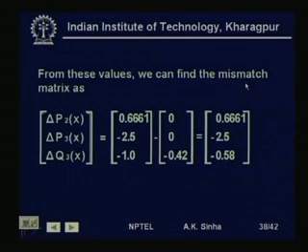Now substituting these, we can find the mismatches like this. So, we will have the mismatch values as: delta P2 is 0.6661 minus 0, delta P3 is minus 2.5 minus 0, delta Q3 is minus 1 minus 0.42. So, this will give you delta P2 equal to 0.6661, delta P3 equal to minus 2.5, delta Q3 equal to minus 0.58.